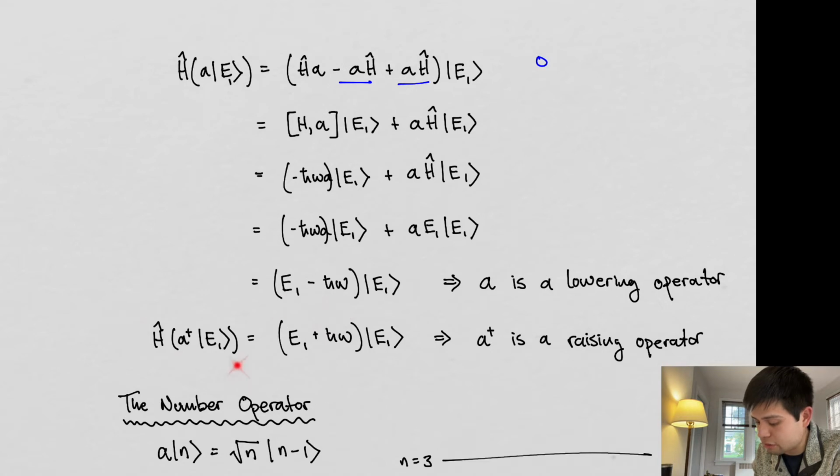When we apply the Hamiltonian and this other operator, the complex conjugate of what we did up here, we just get an addition of some unit of energy. And therefore we call this a raising operator, or sometimes they're called annihilation and creation operators, where these are the operators that deal with the particles.